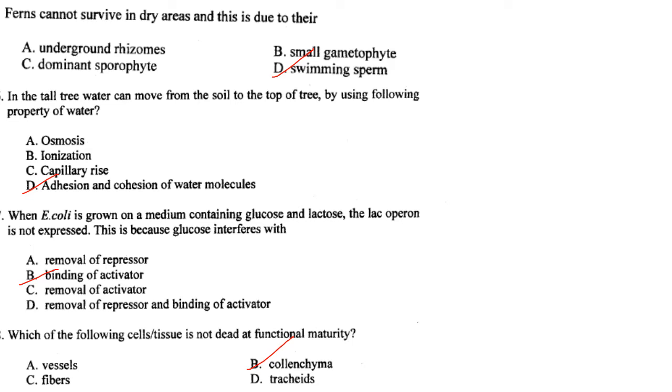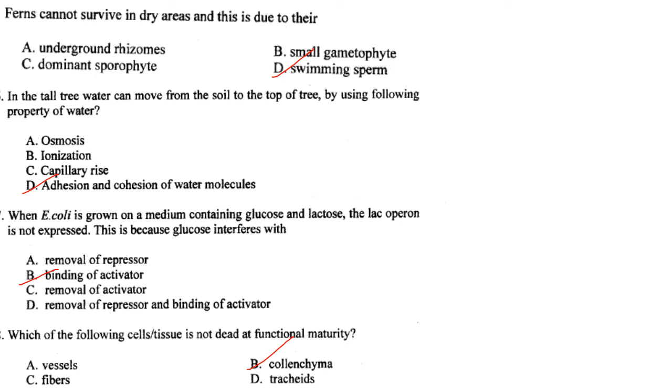The next one. In a tall tree, water can move from the soil to the top of the tree by using the following property of water: osmosis, ionization, capillary rise, adhesion and cohesion of water molecules. Now capillary action helps bring water up into the roots, but capillary action can pull the water up only a small distance, after which it cannot overcome gravity.